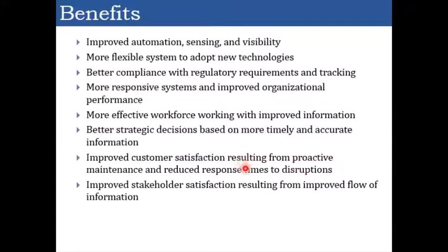In that way, when the customer is more informed, there will be fewer problems in the systems. In that way, they will have improved stakeholder satisfaction resulting from improved flow of information from every side.